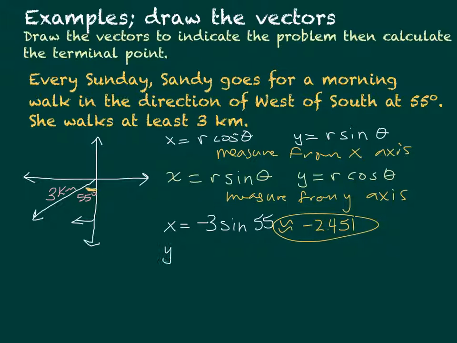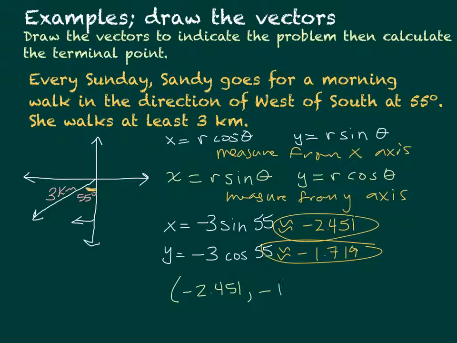And my y is equal to negative 3 times the cosine of 55 degrees, which is approximately equal to negative 1.719, somewhere in there. So what that means is my xy coordinate would be negative 2.451, negative 1.719. And that's your final answer. We needed to draw that picture so we understand which direction we're going.